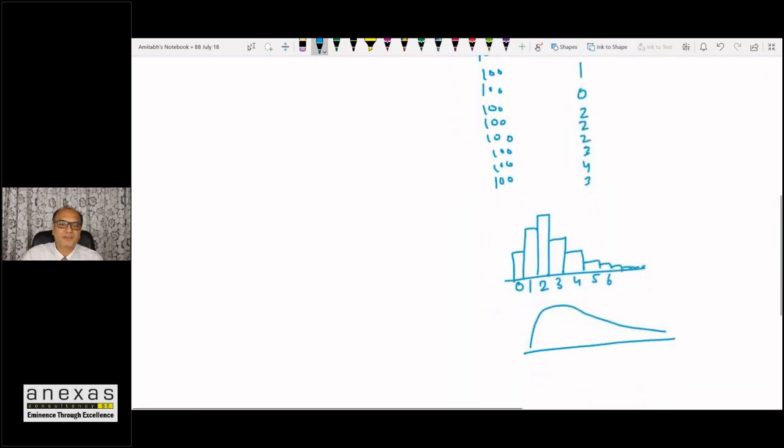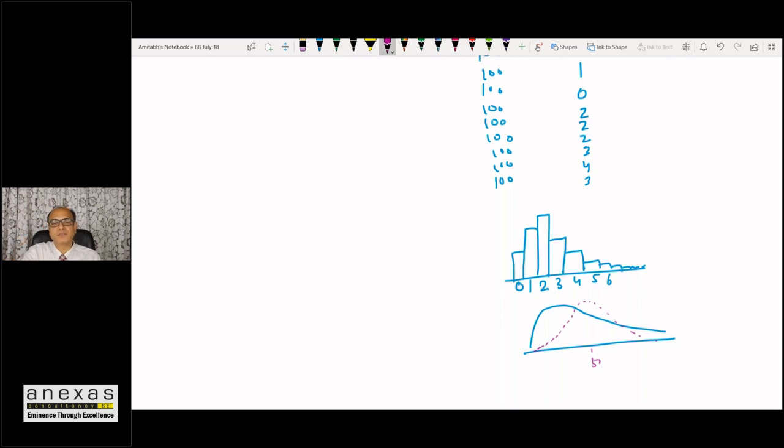Suppose here it was 0, 1, 2. Now at 50% defectives, most of the time you get 50, right? And it will look like a normal distribution. So the binomial distribution doesn't have a specific shape. It depends on the proportion defective.